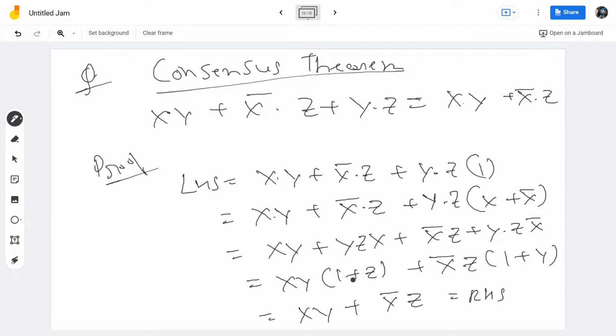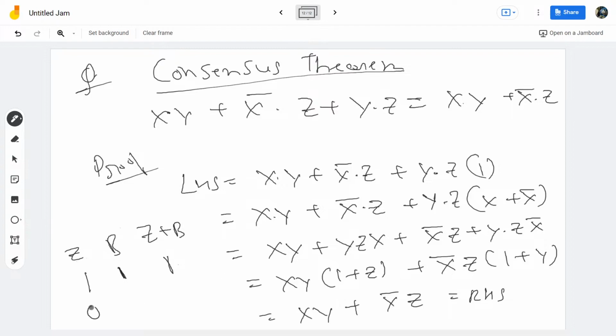Because if we take z to be 0, then 0 plus 1 is 1, and if we take z to be 1, then z plus 1 is basically 1.